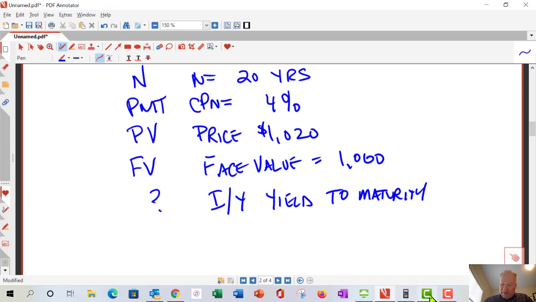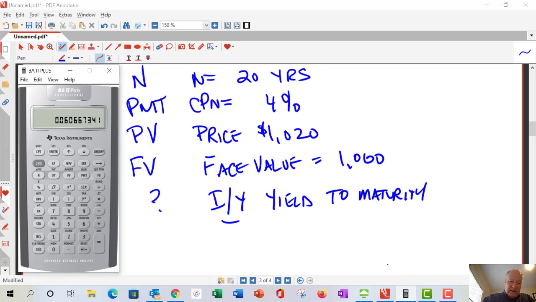All right, so let's bring up our calculator and find out what our annual yield to maturity is if we hold the bond till it matures. Okay, so I'm just going to, again, clear my time value. All right, so N is 20 years, so I have a 20-year bond. And IY is what we're trying to find.